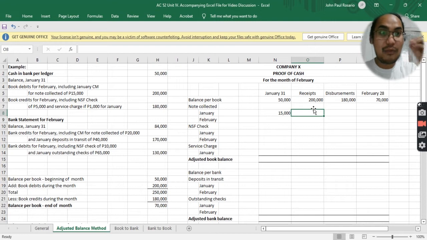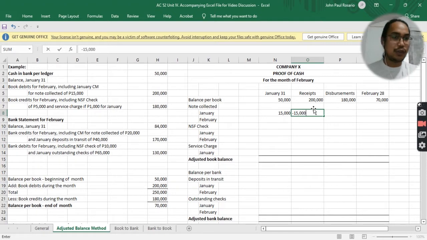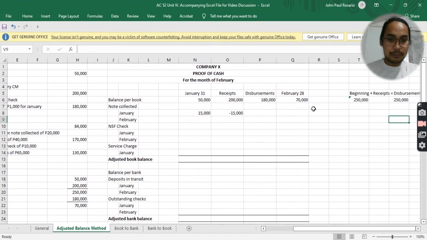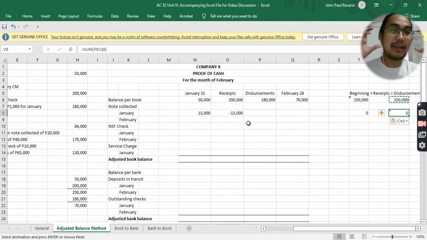So with that, it means your receipts are overstated for the current period. So meaning we will minus it. Okay? So, staying true with our equation, if you add it to beginning or receipts, 0. If you add it to disbursements or ending, 0. So the equality is still maintained.